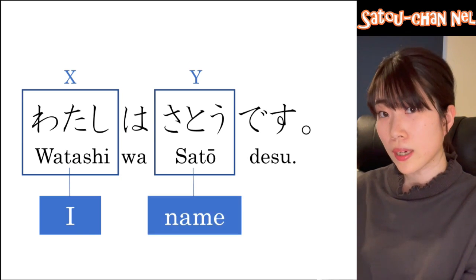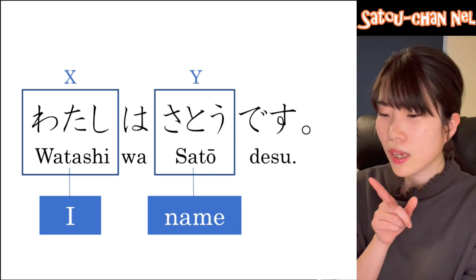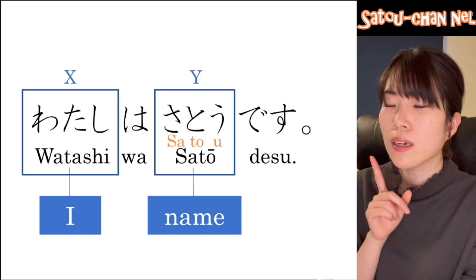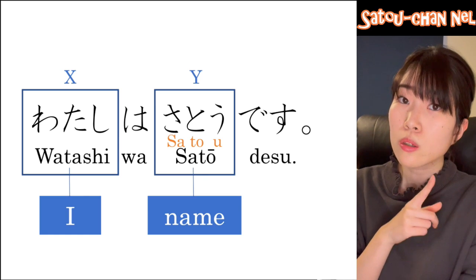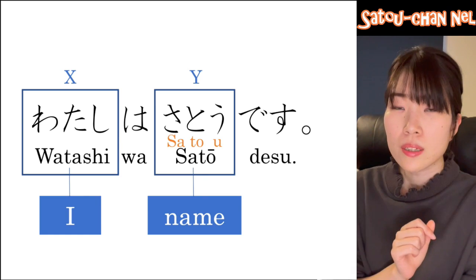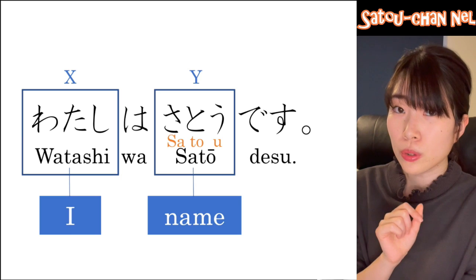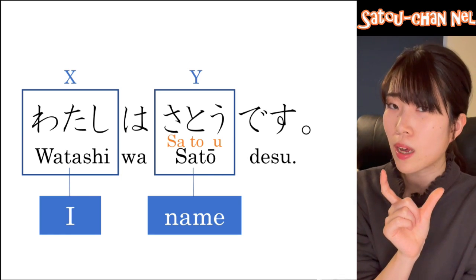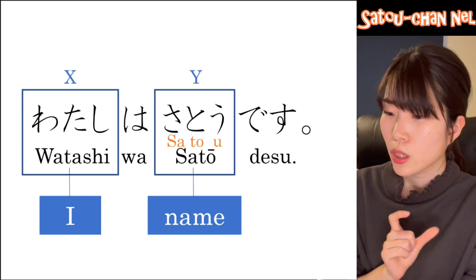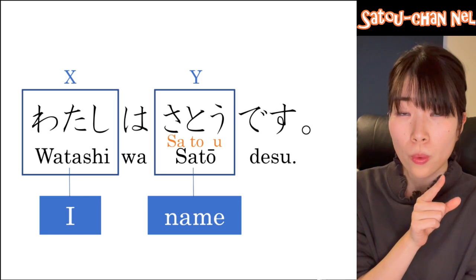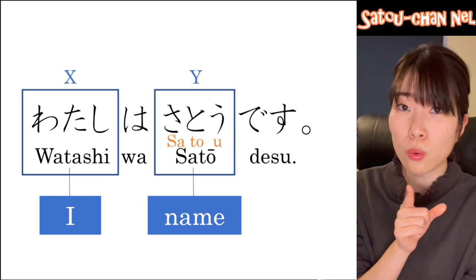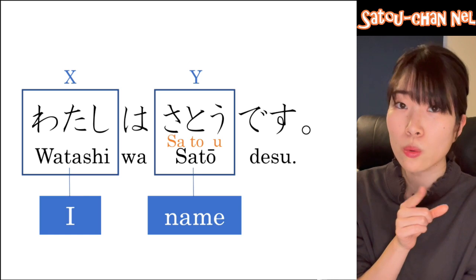Sato is my name. When you look at hiragana, there are sa, to and u. But double vowels like ou tend to be a long sound when we pronounce. So it's Sato, not Satou.